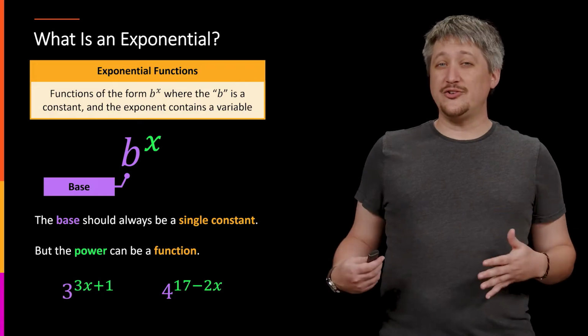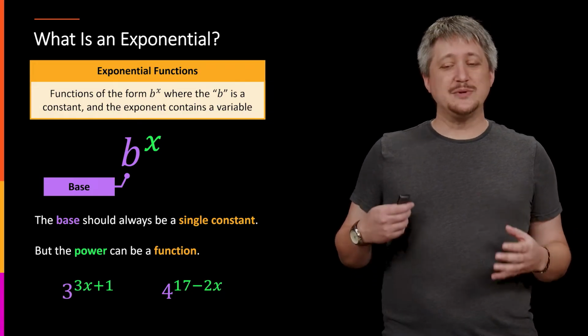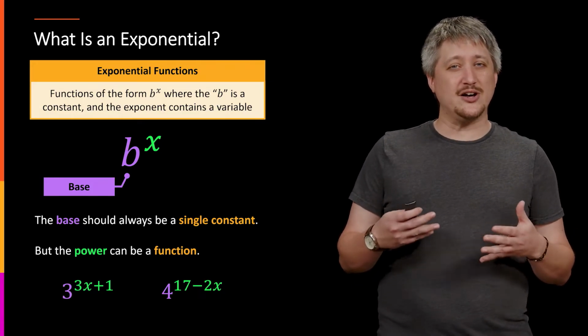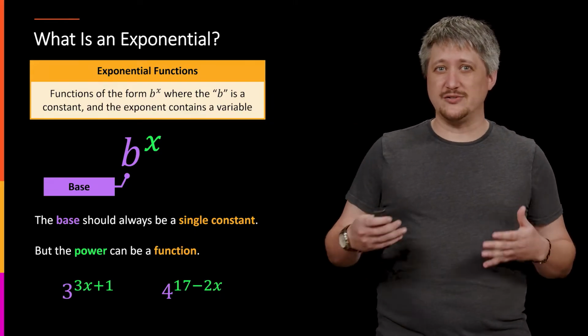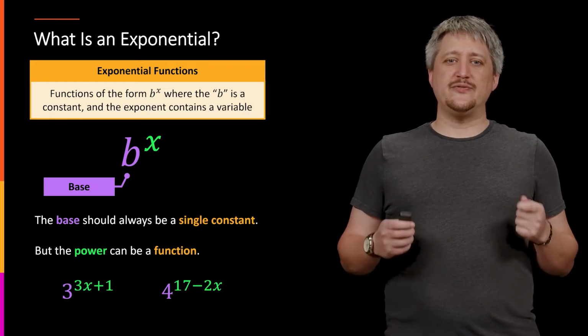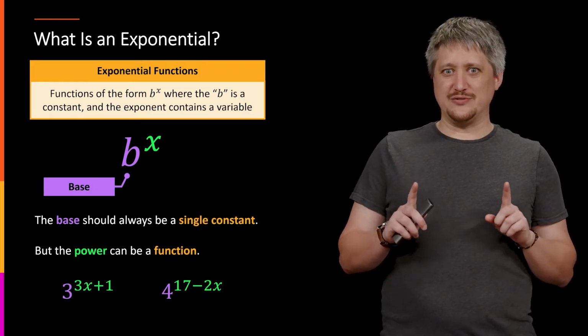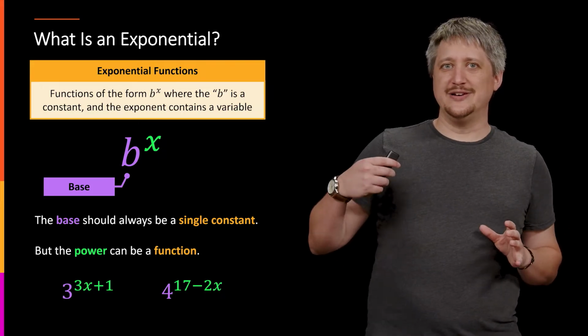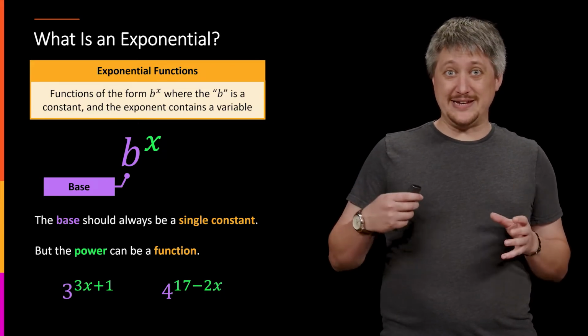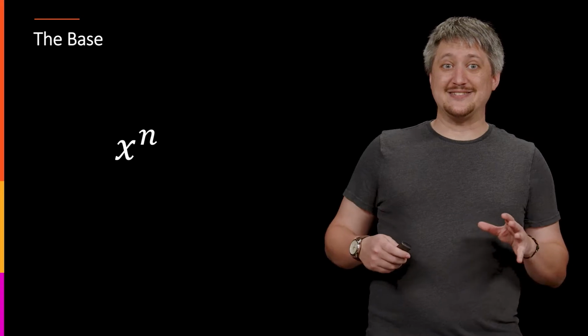Now, the most common thing that students mix up when they're trying to remember what an exponential function is: it's very easy to get these switched, meaning that instead of having a constant to some variable like b to the x, they might see something like x to the n.